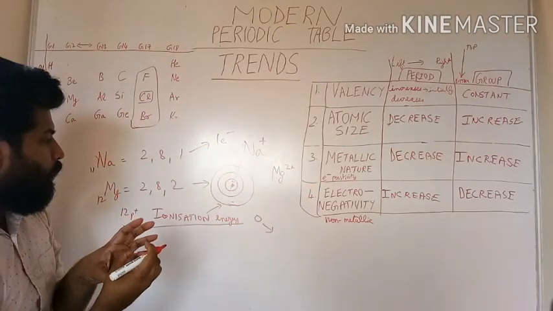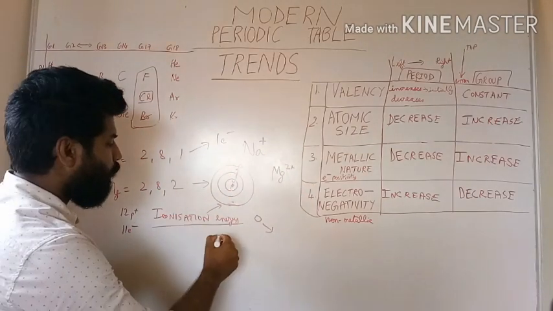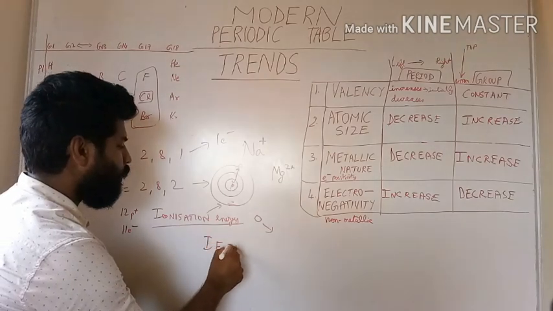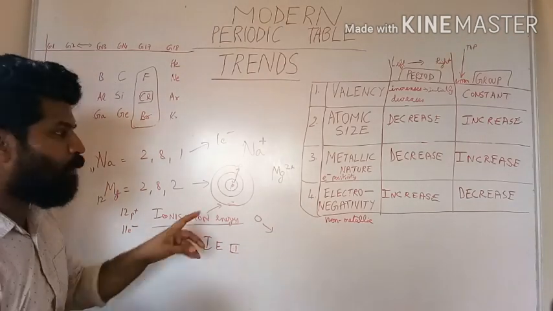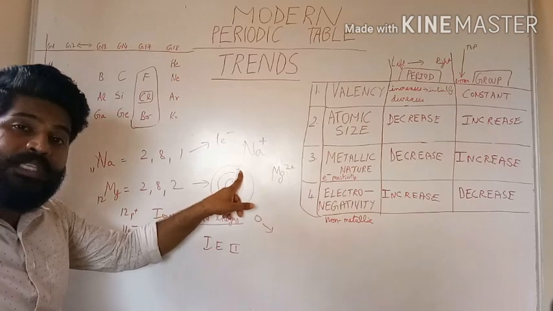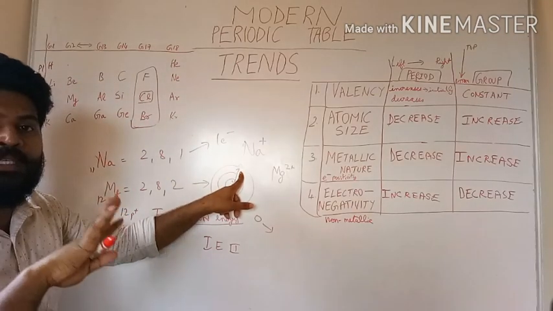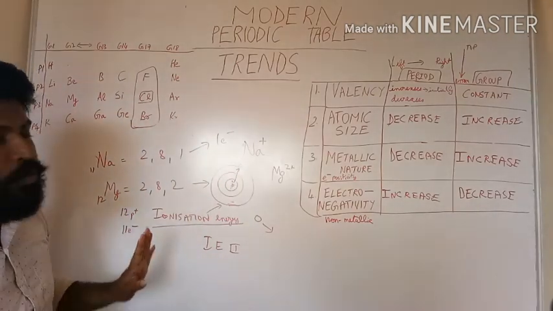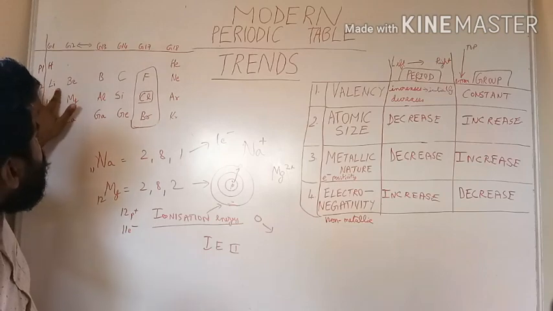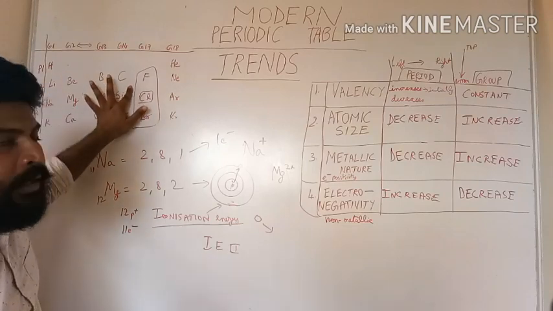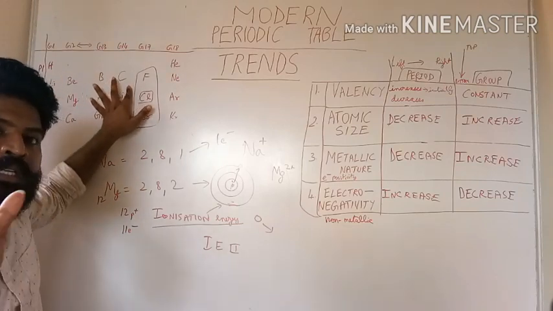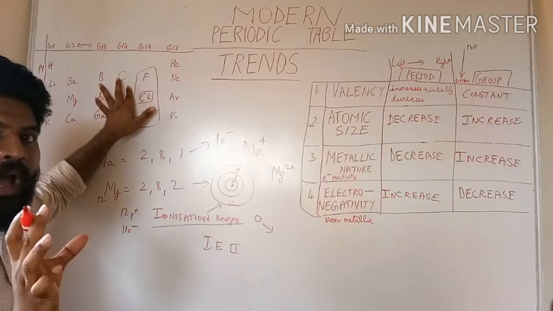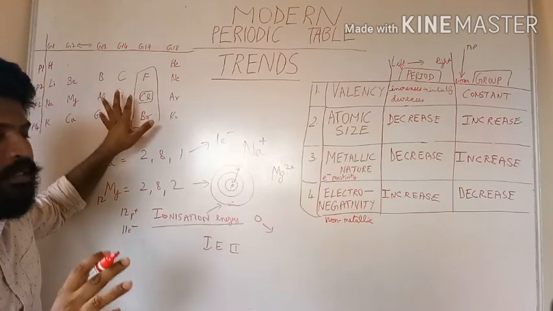Now, the second ionization energy, the energy required to remove the second electron, will be much higher. A lot of energy is required to remove this electron. So it is very clear, as we go from left to right, because effective nuclear charge is increasing, the ionization energies will increase.